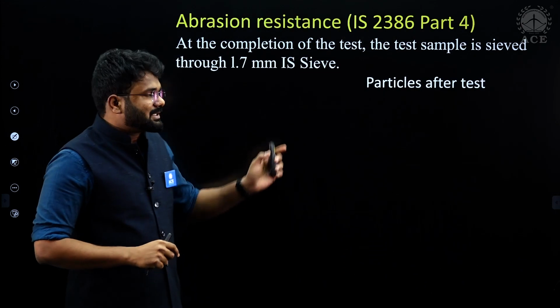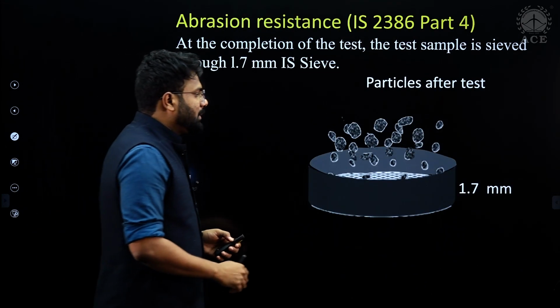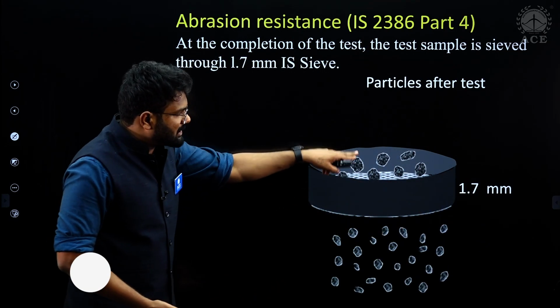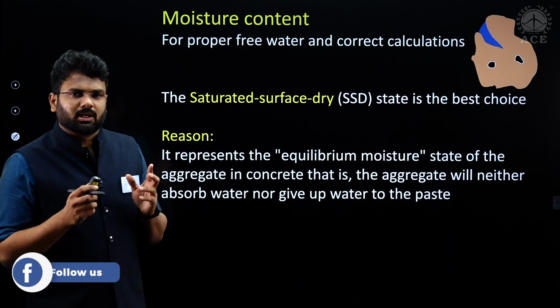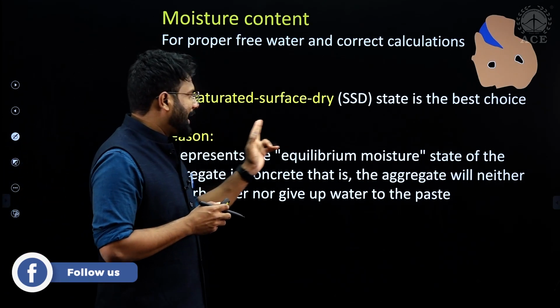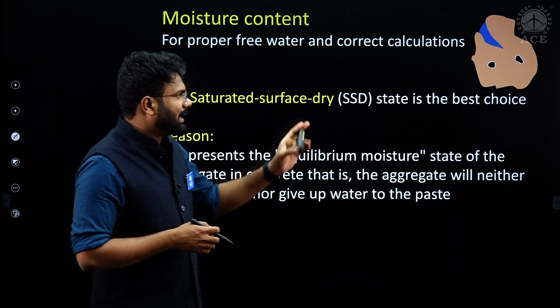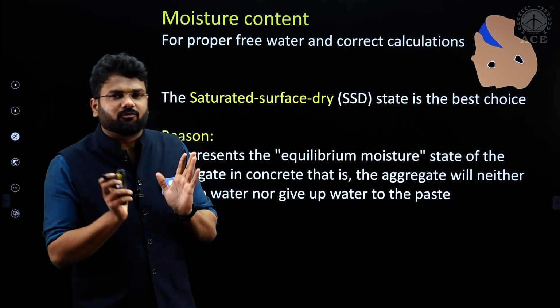Now let's say the abrasion test, when you give the final result, you have to pass through a 1.7 mm sieve, and you have to tell how much passes through it. Now we have to understand how aggregate has to be added, in which state you have to add your aggregate. Basically, the surface should be dry and the voids should be full of moisture.